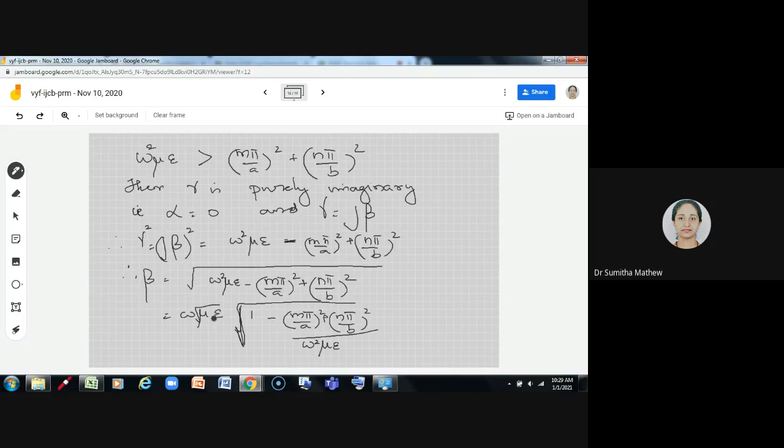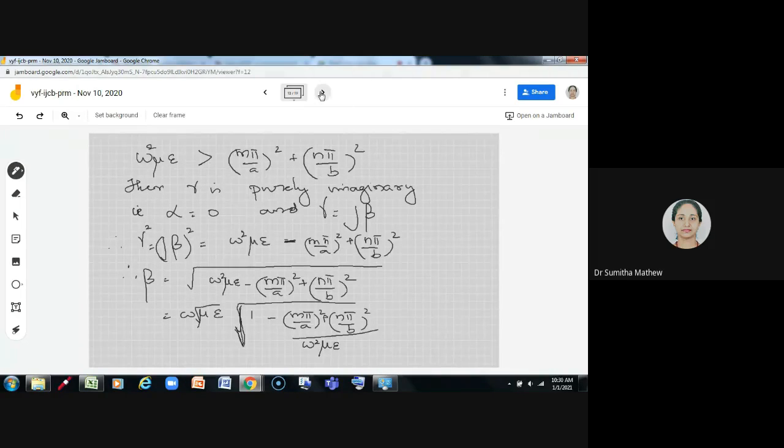And you do some manipulation: take omega root mu epsilon outside the square root, and divide the quantity inside the square root by omega square mu epsilon. So inside the square root you get 1 minus [(m pi by a) whole square plus (n pi by b) whole square] by omega square mu epsilon.